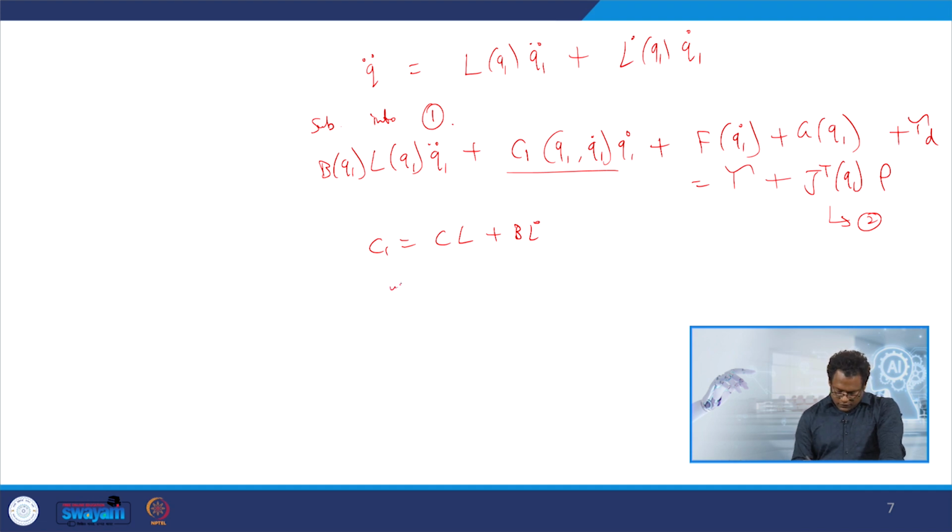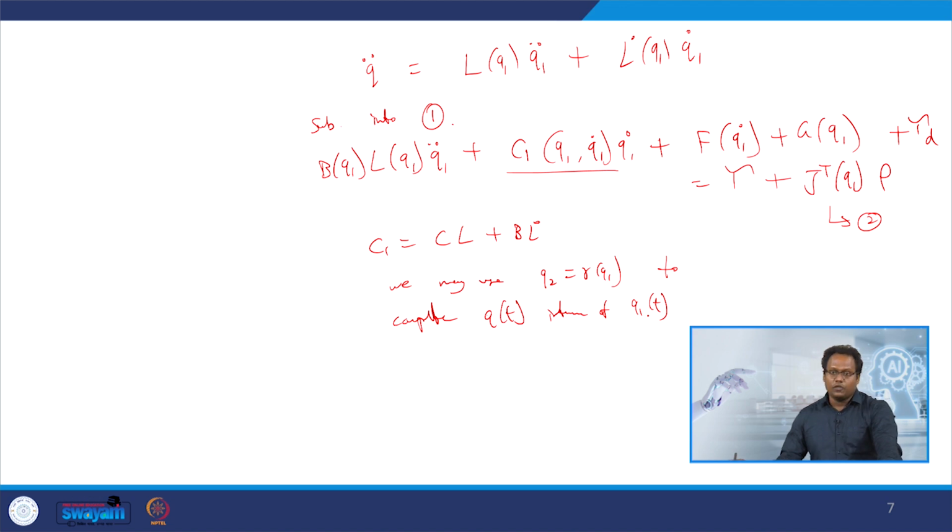And we may use the implicit function, that is q2 equal to gamma of q1, to compute q of t in terms of q1 of t, so that the functional dependence is shown in terms of q1 of t.